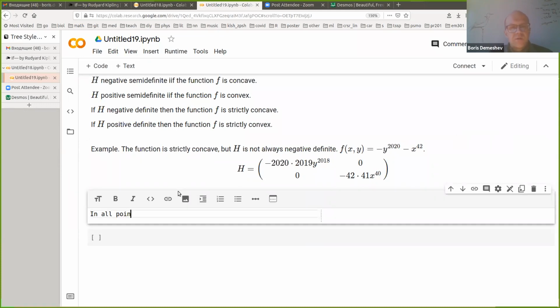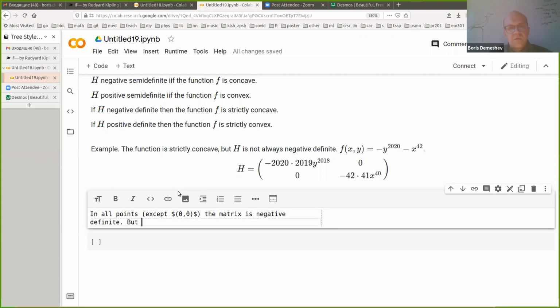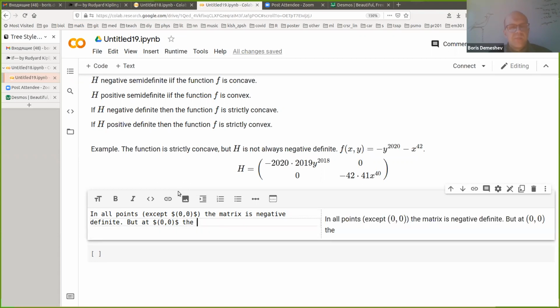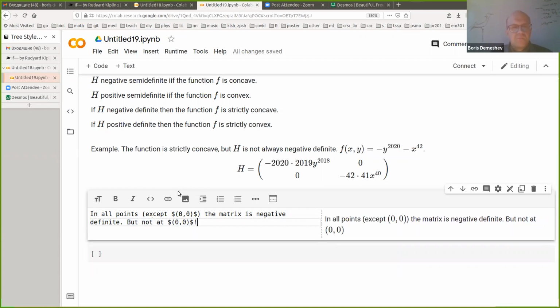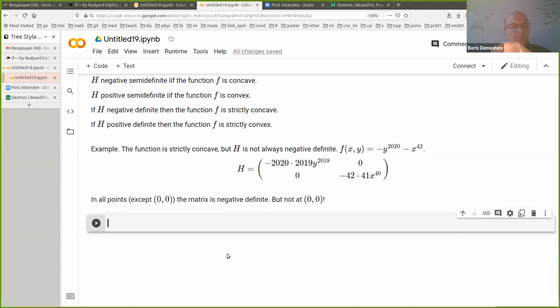In all points except 0, 0, the matrix is negative definite, but at 0, 0, it is not. Okay, all right.